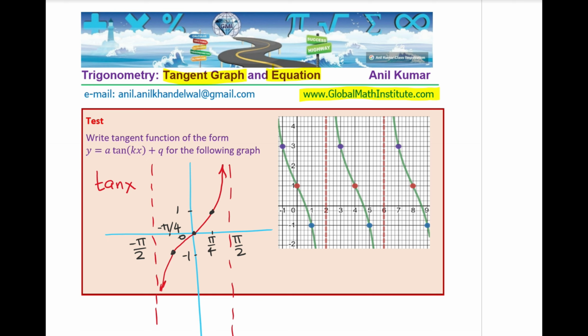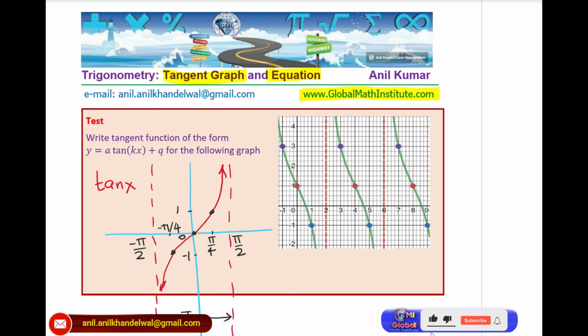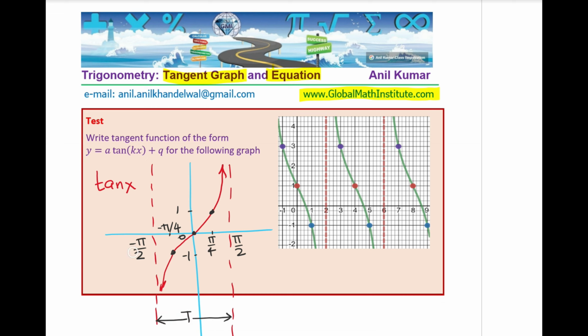So what you see here is one cycle. So the time period T, in this case for the parent function, is pi by 2 minus minus pi by 2, or you can say pi.